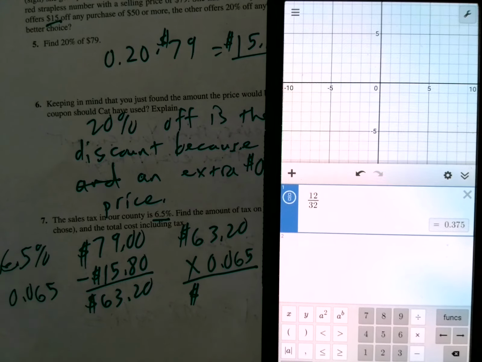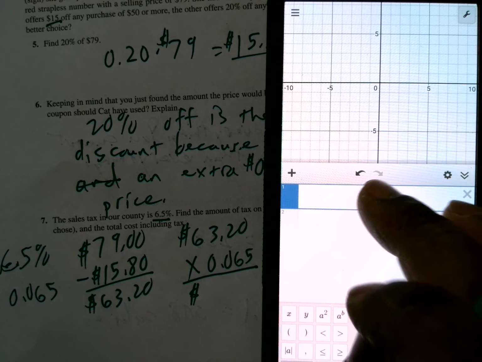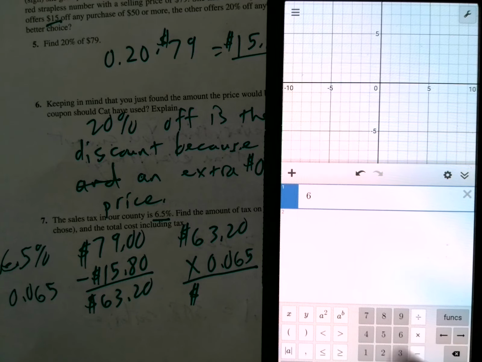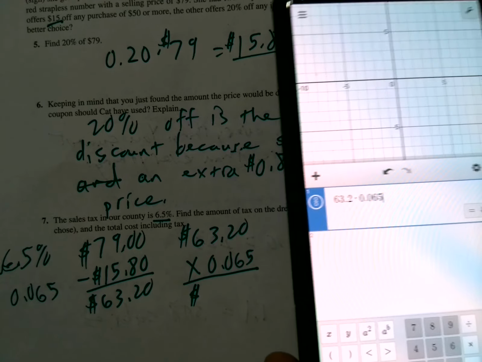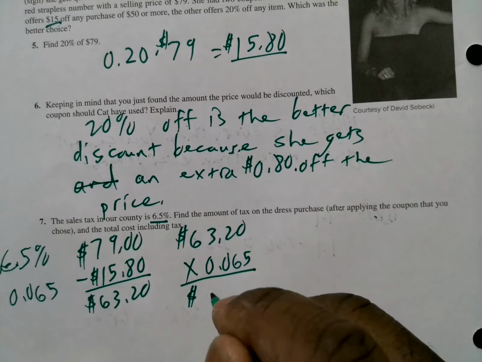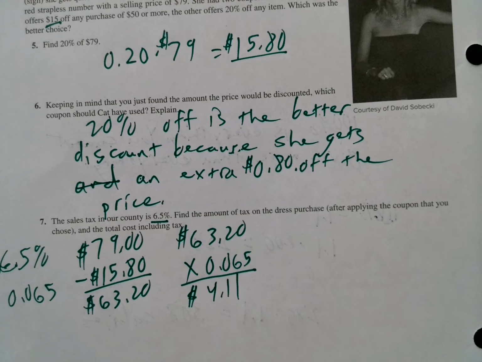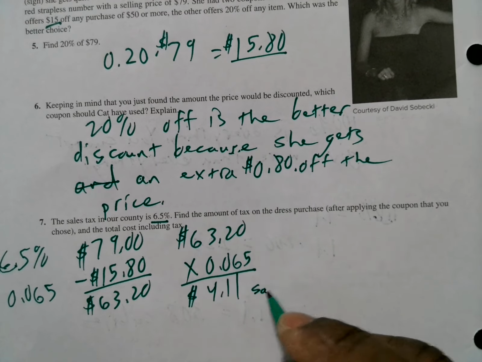So showing this in the calculator, we would have $63.20 multiplied by 0.065. And that would give us 4.108, but we need to round that because we're dealing with money and we need 2 decimal places. So it'll be $4.11. And this is the sales tax.